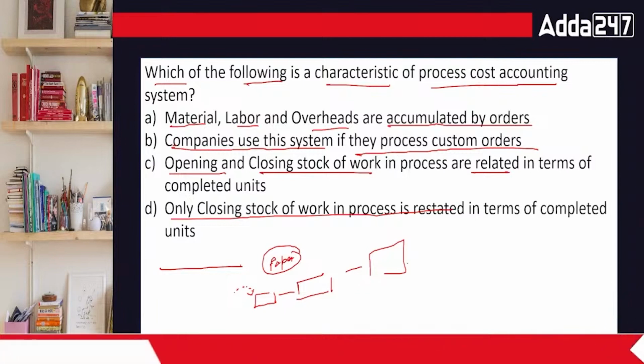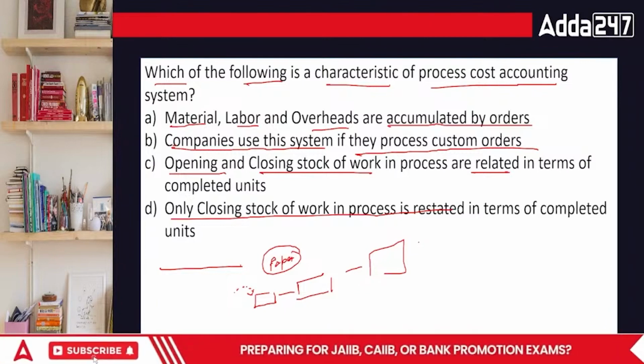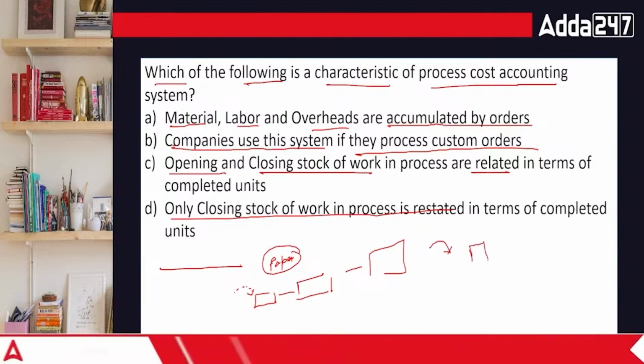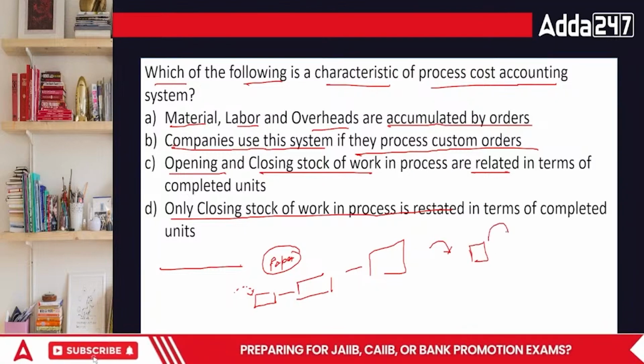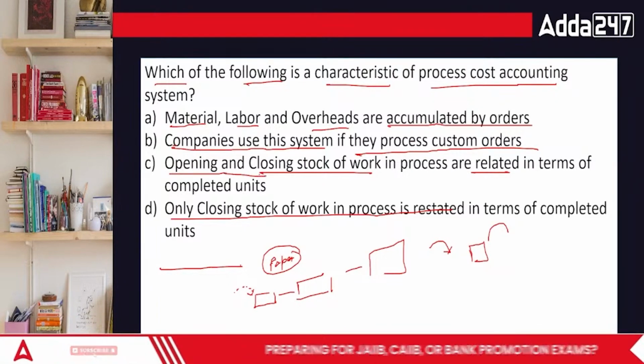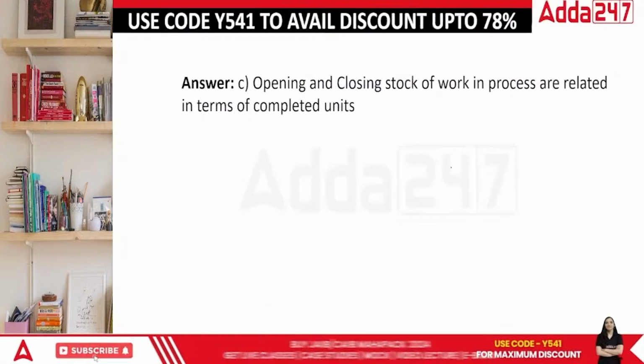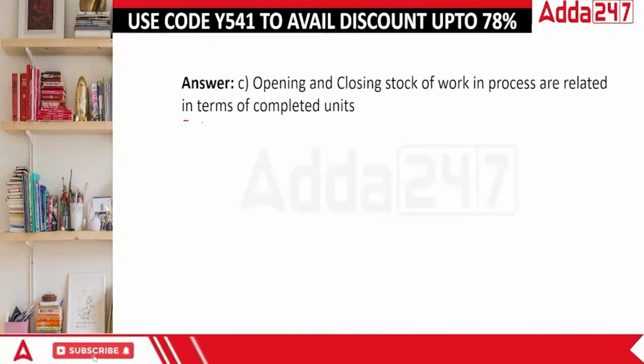So in this case, we already are done on the 31st of March. Obviously, now the entire stock is over. So we have the opening stock, we process it, and we have the closing stock as well. So opening and closing stock of the work in progress are related in terms of completed units.